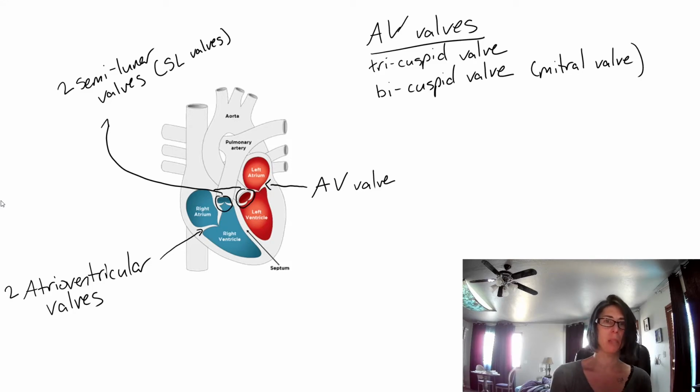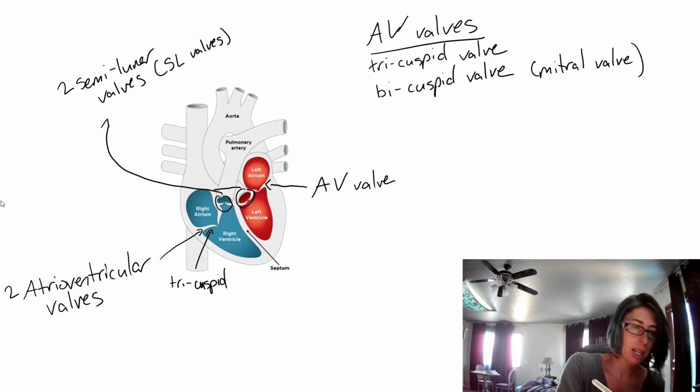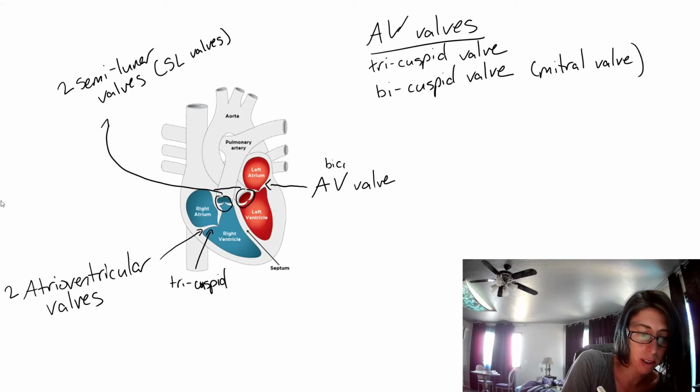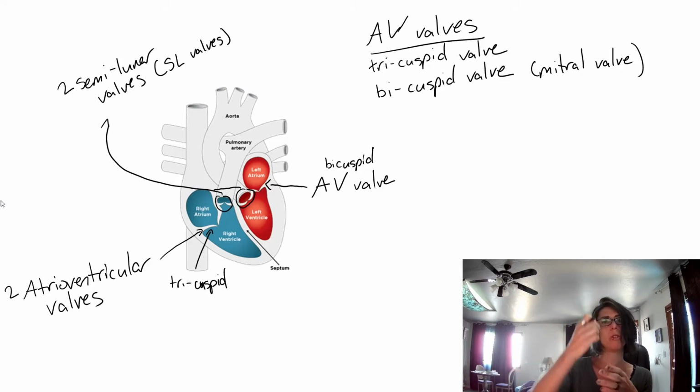And the bicuspid valve, bi for two, has two leaves or two flaps on it. So this one is the tricuspid over here. And you just have to memorize that it's on the right side. And this one is the bicuspid, also known as the mitral atrioventricular valve.